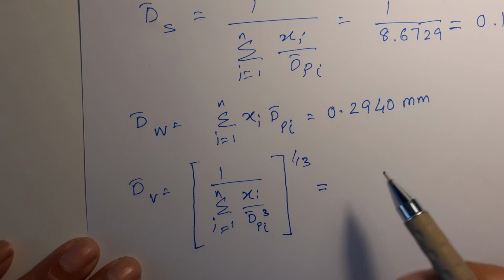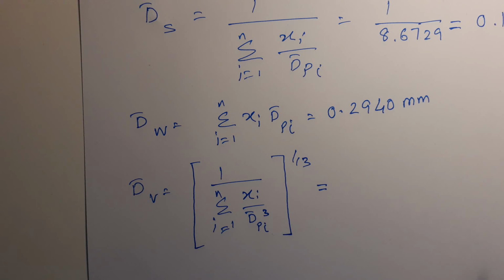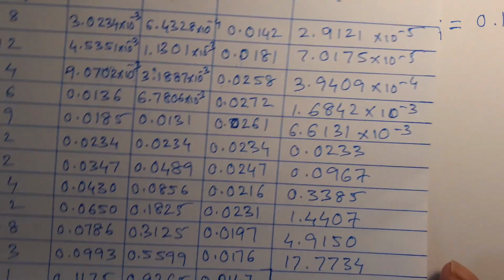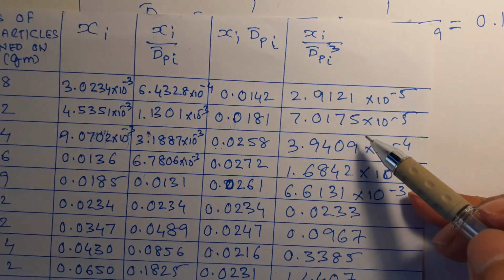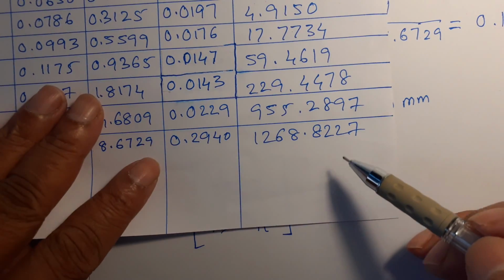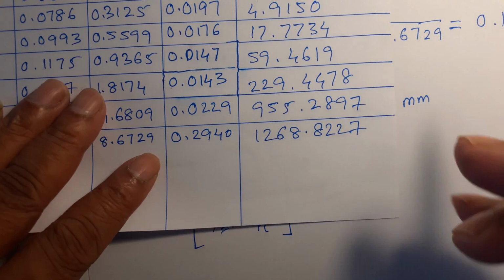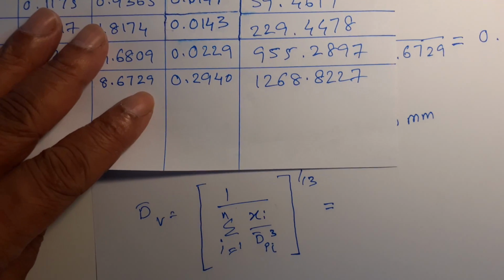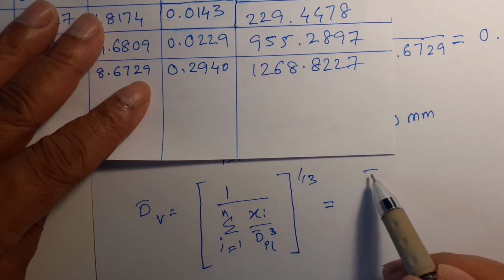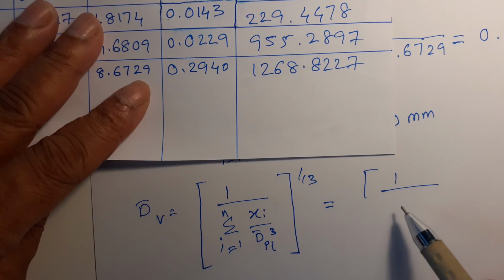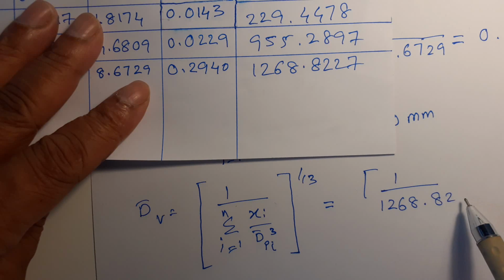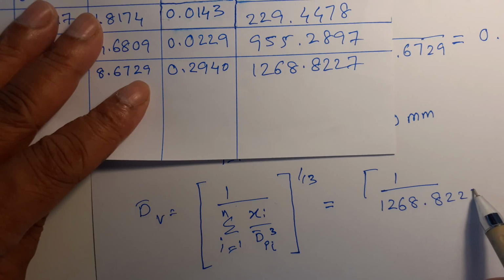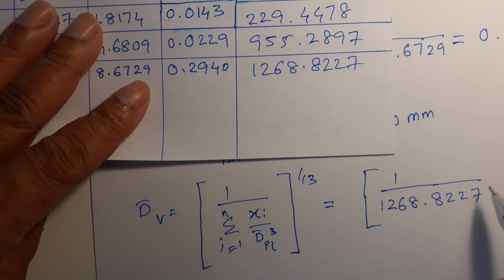You will have these values in this last column. I calculated xi by d bar pi cubed, all these values you got, and then the summation is this one. So this is equal to 1 by 1268.8227, and this is raised to 1 by 3.